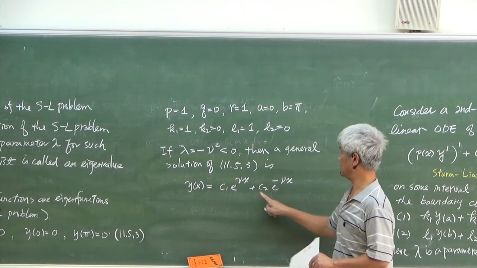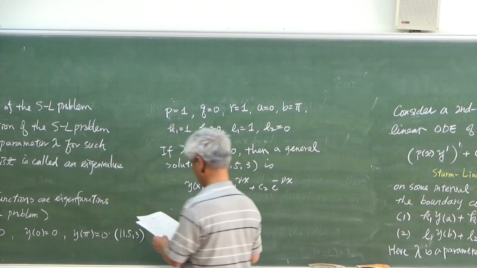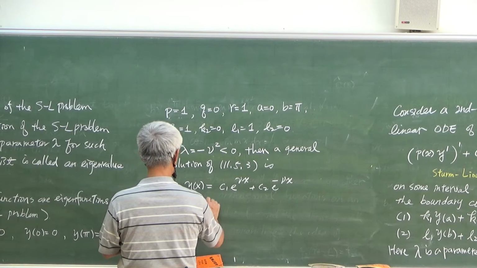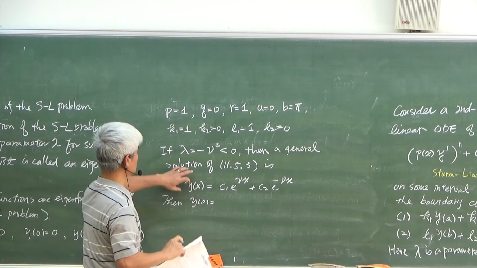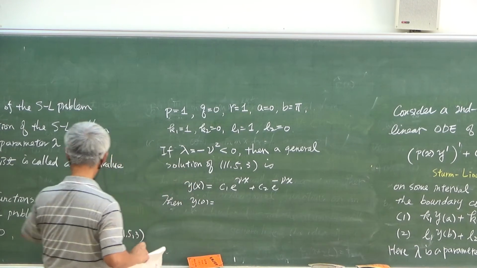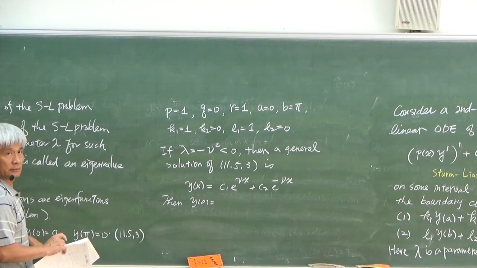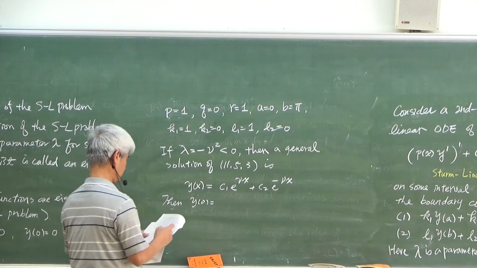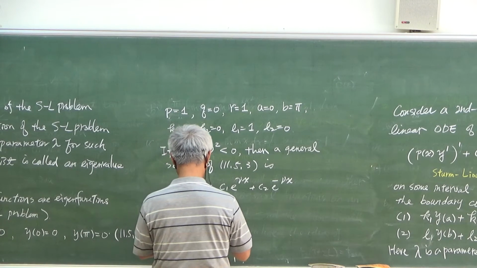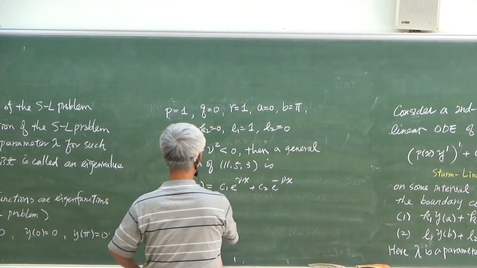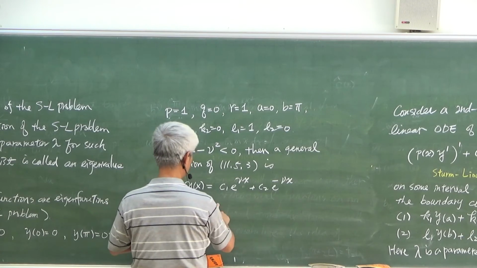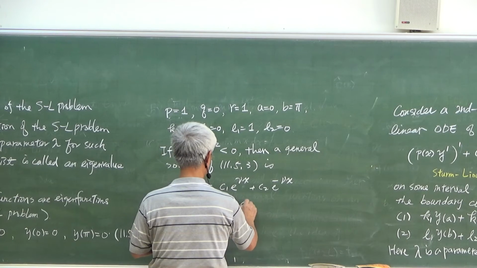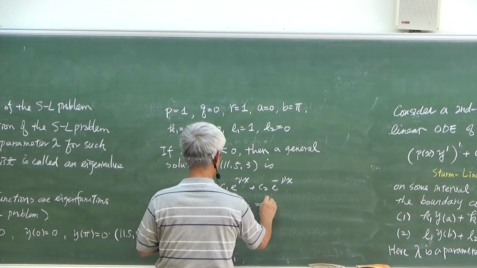So we have two constants, then we put into the boundary conditions. The boundary condition y(0) is 0, so when we put 0 here, we have c1 plus c2 equal to 0.